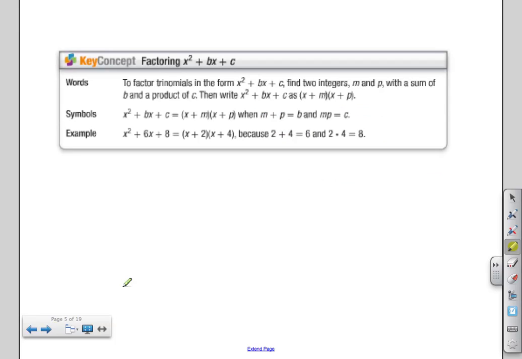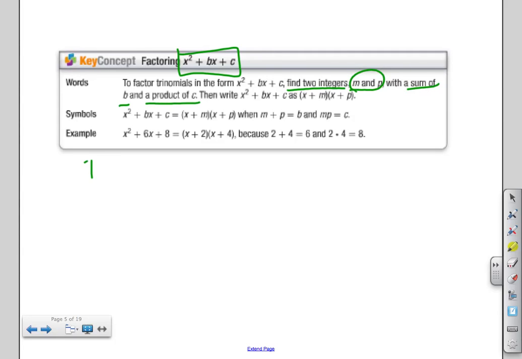Here we have it as a key concept. When you're finding the factors for x squared plus bx plus c, to factor the trinomials when they're in this form, you're going to find 2 integers, in this case we'll call them m and p, with a sum of b and a product of c.